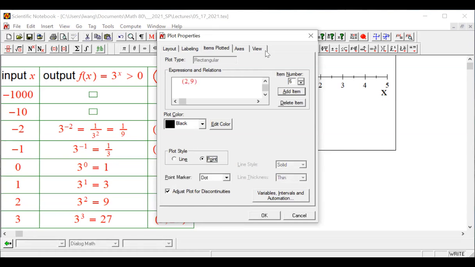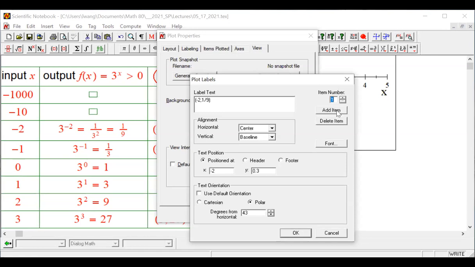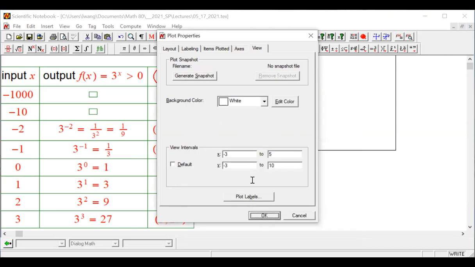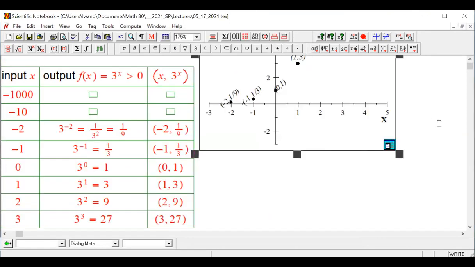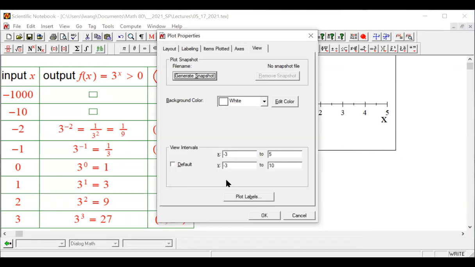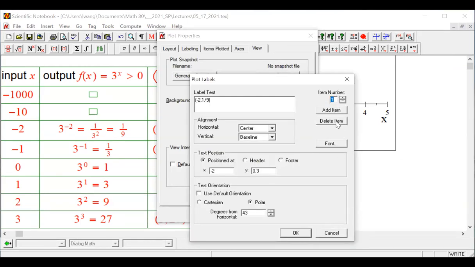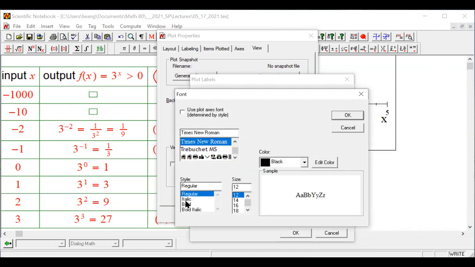It's a point, and we need to mark it. 2, 9. And I can make 45 degrees. 2, 9. That font needs to be changed, right? Otherwise, it's just too big.